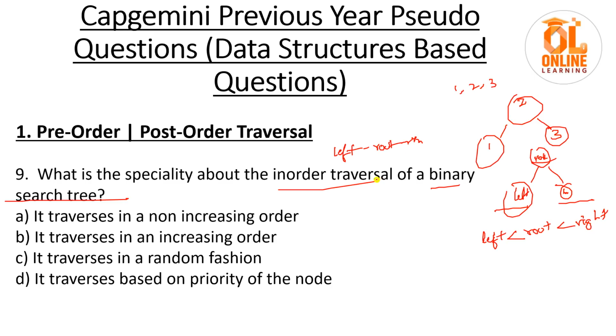If you do the in-order traversal for this, it will be left, root, and right, which is 1, 2, 3. You can observe that every time the least element is selected, then the middle element, then the right element. If we traverse a complete BST in order, it will give the output in ascending order. So we can say option B, that is traversing in increasing order. For question 9, option B is the correct answer.